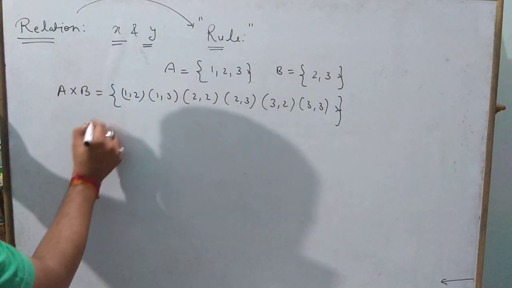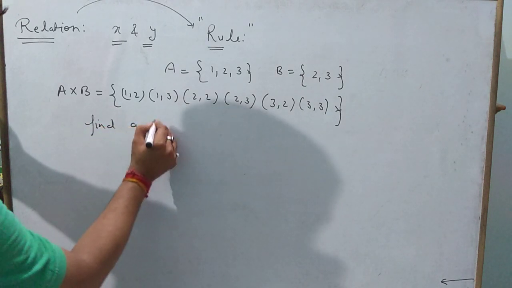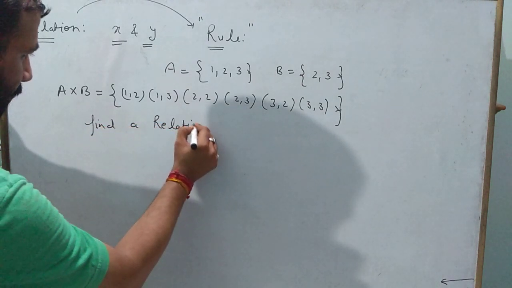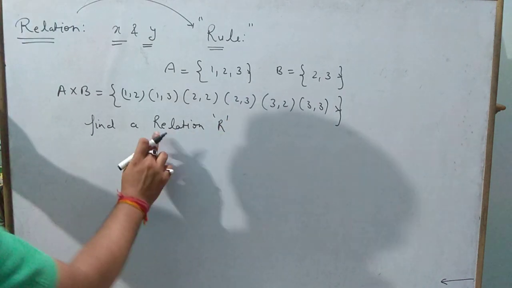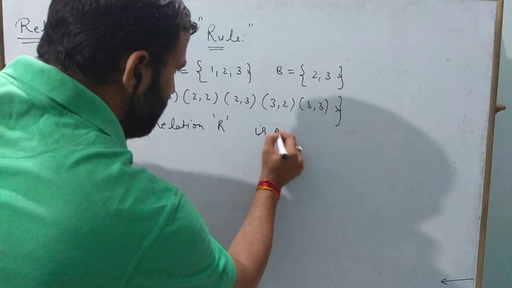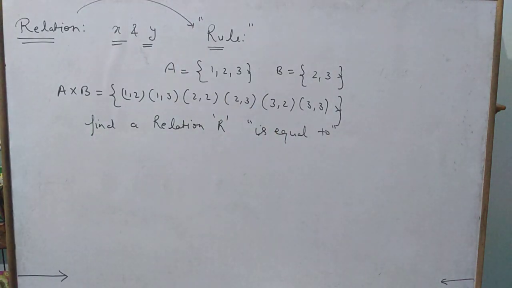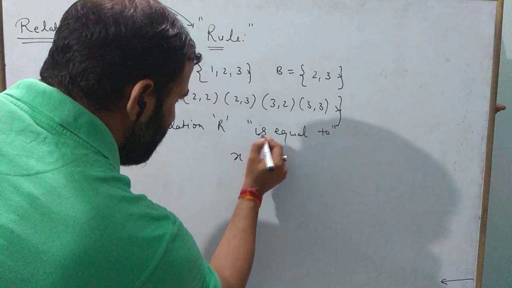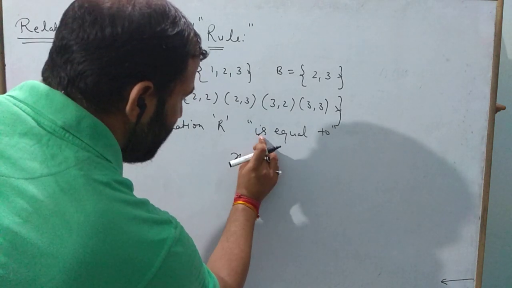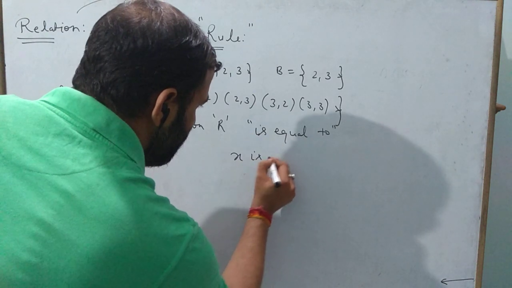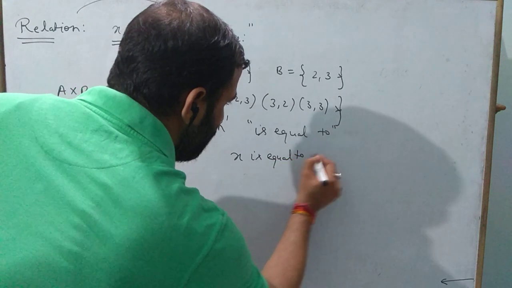The question is saying: find a relation R, where R is equal to. This is the relation is equal to. Is equal to means x is equal to y.